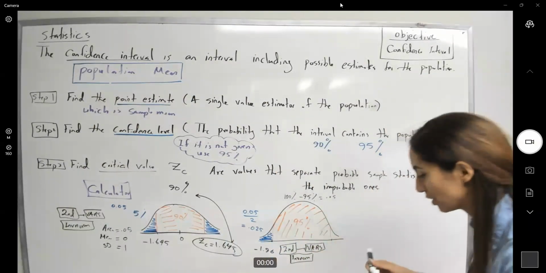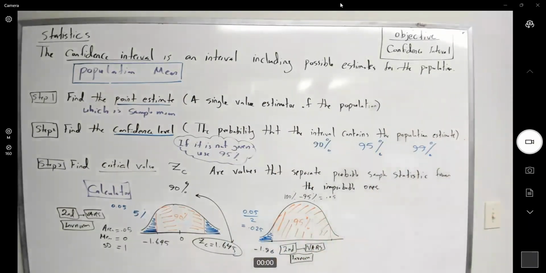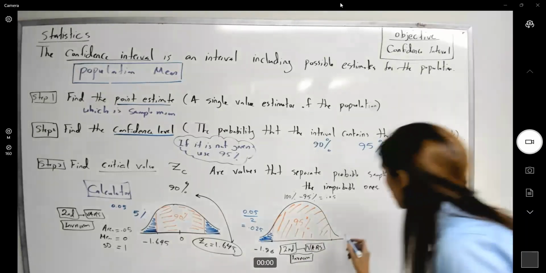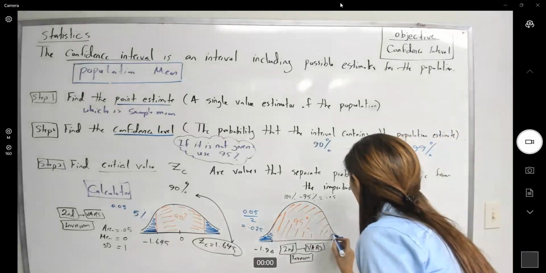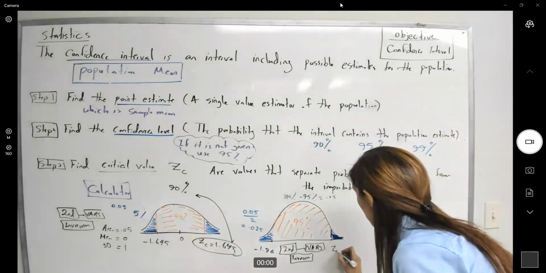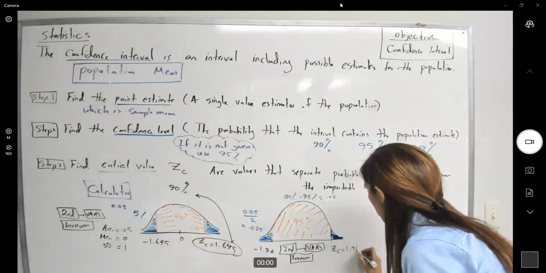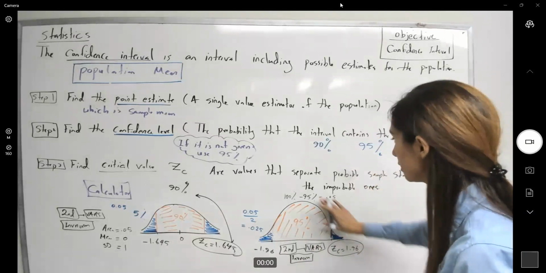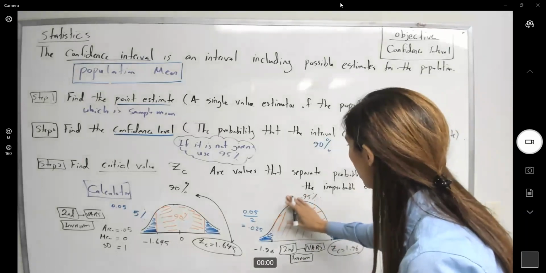So your critical value, which is on the right-hand side, is positive 1.96. ZC, the critical value, is 1.96 for 95% confidence level.